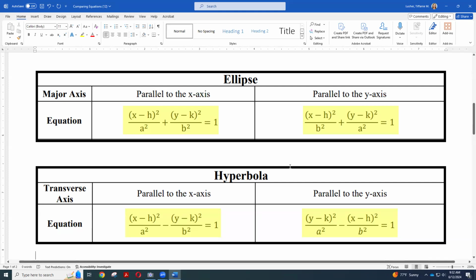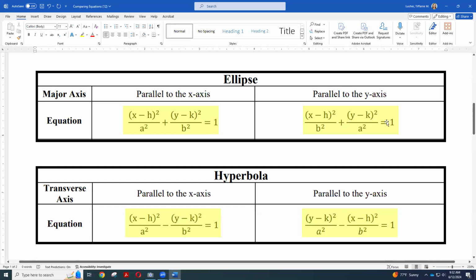As you can see, every numerator here still has this (x − h)² and (y − k)². Over here, it is switched though. So those are switching places when it is parallel to the y.